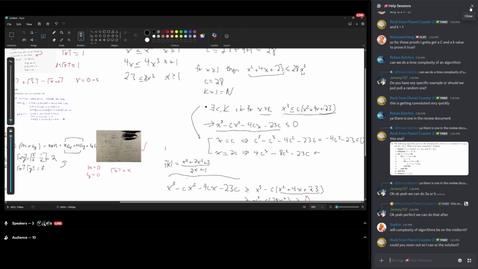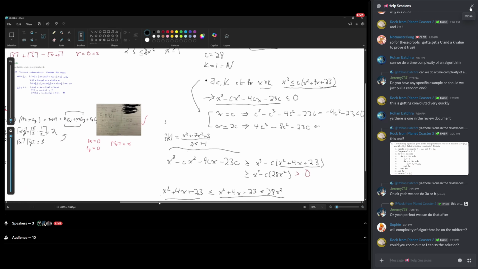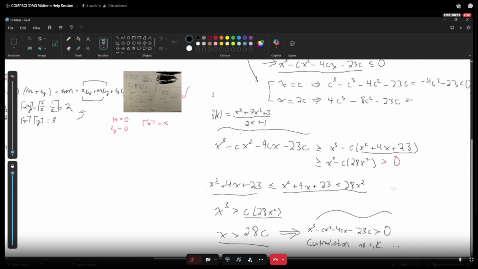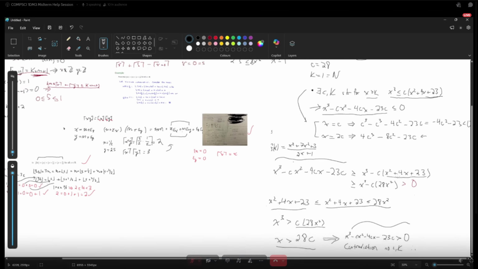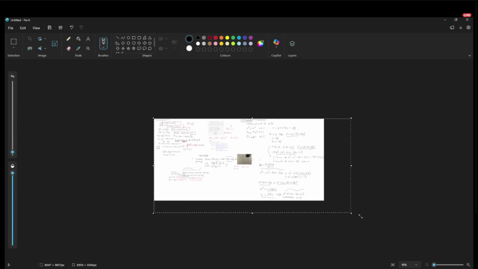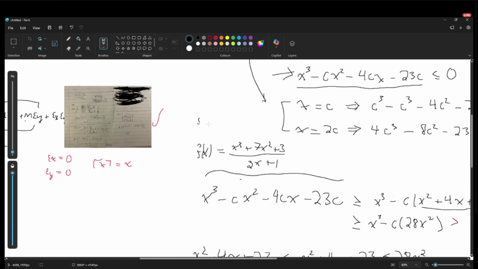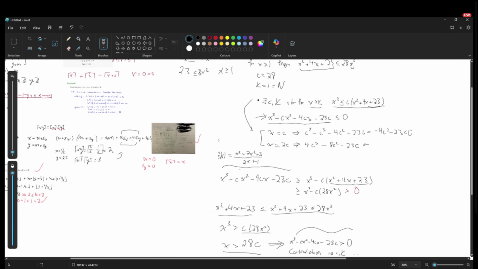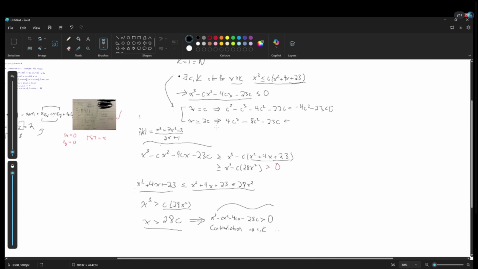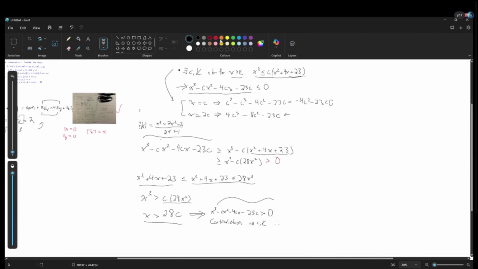I can zoom out just so that it looks better. Oh yeah, sure. Let me expand this. Zoom out a little bit. Okay, so it should be this part right here.